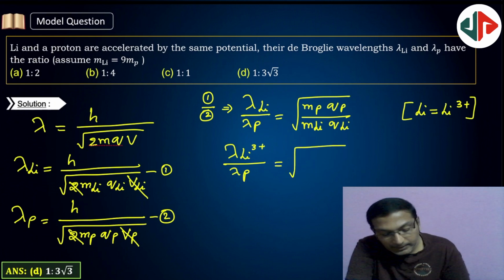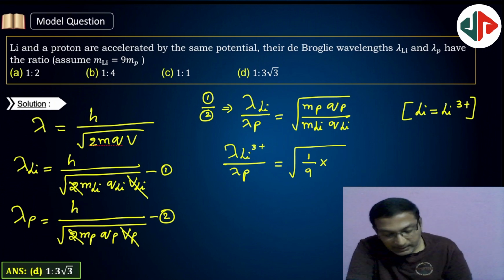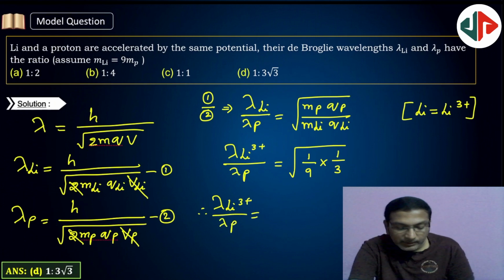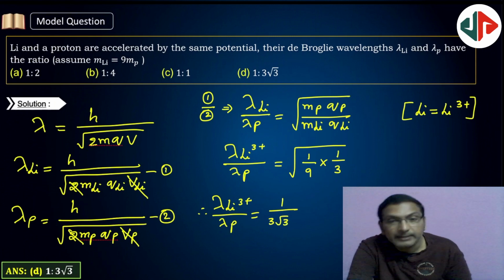You will get mass of proton. If mass of proton is 1, mass of lithium becomes 9, so 1 by 9. Next, charge of proton. If charge of proton is 1, this becomes 3. So therefore wavelength of Li3 plus by wavelength of proton equals root of 1 by 27, that is 1 by 3 root 3.